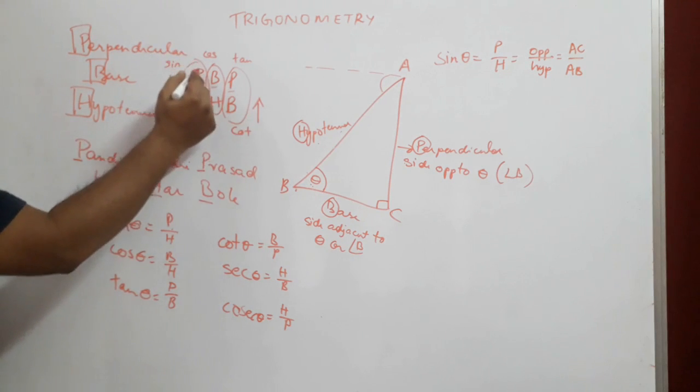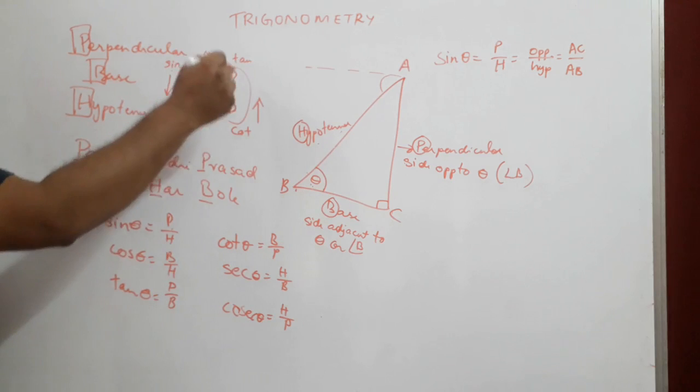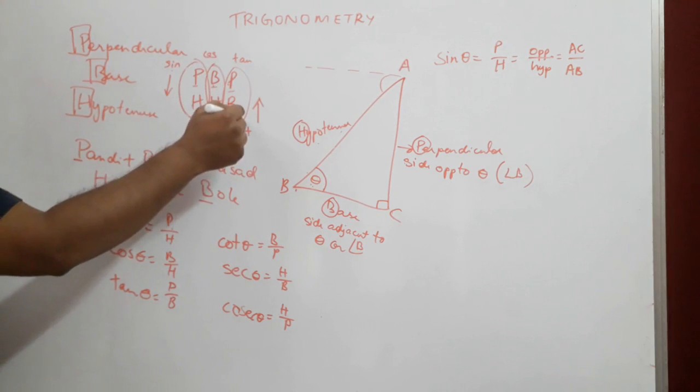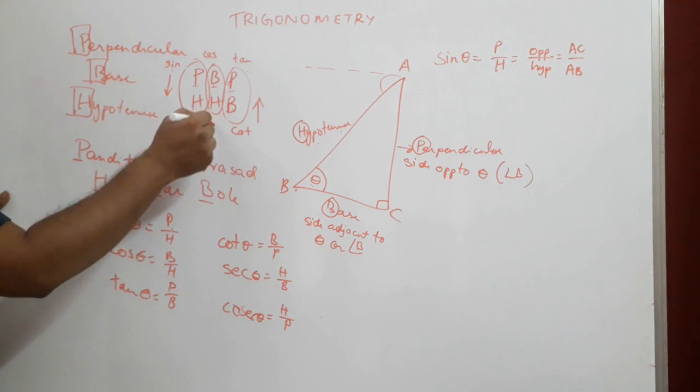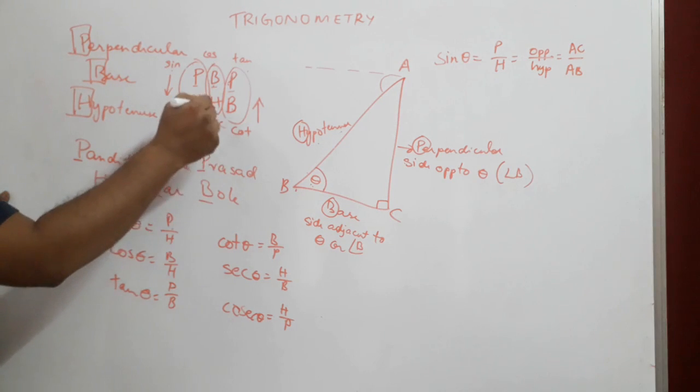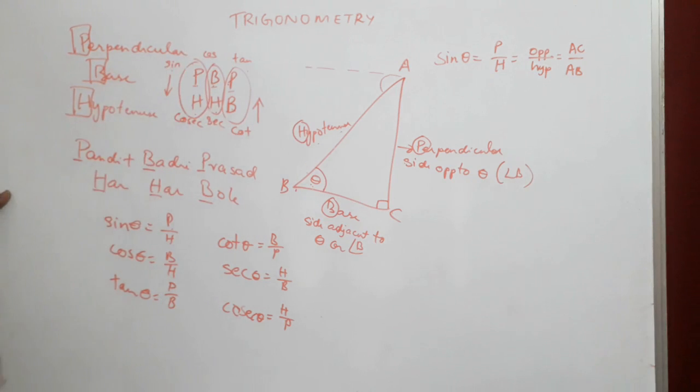First PH is sine, then is cos, then is tan. Then we go back. Then comes cot from bottom to top. Then comes sec, bottom to top. And this is your cosec, again bottom to top. This way you will find it easier.